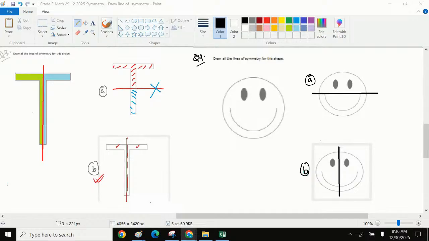Still option 2. Because it cannot be A. Why? Because the eyes and the face are not symmetrical to each other, right? And in option B, one side of the face would always be a reflection of the other side. Thank you. So we know that this cannot be the correct answer. This is the correct answer, option number B. And the line of symmetry has to be in the center, right?